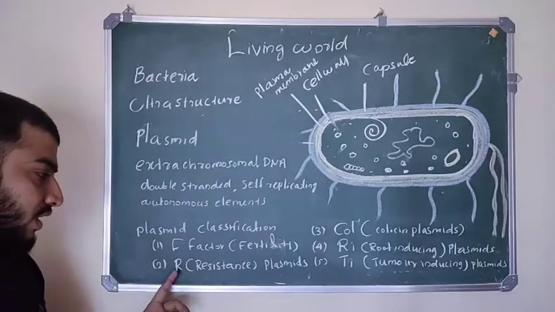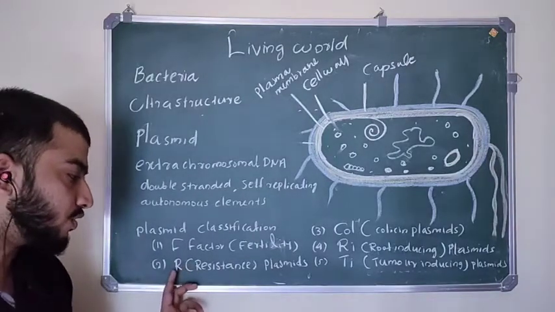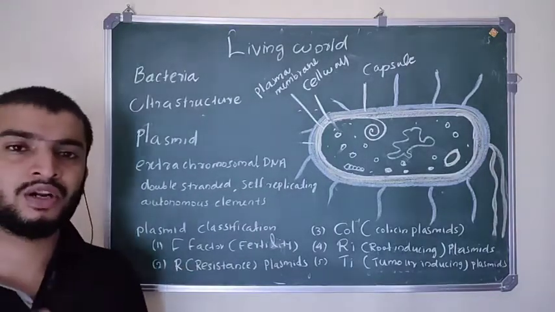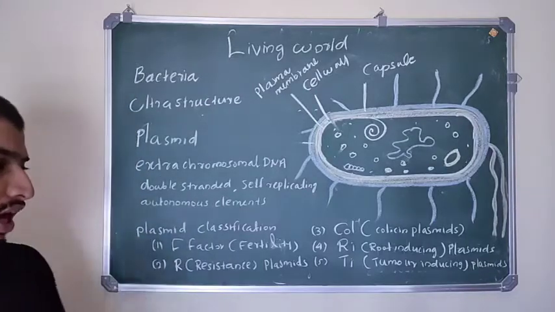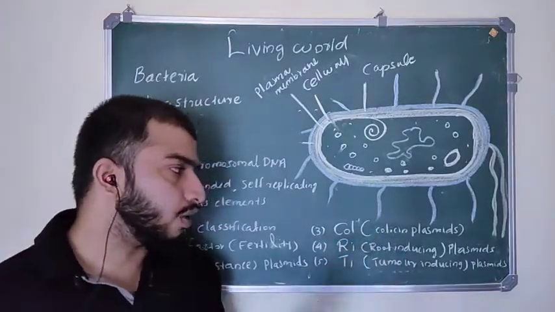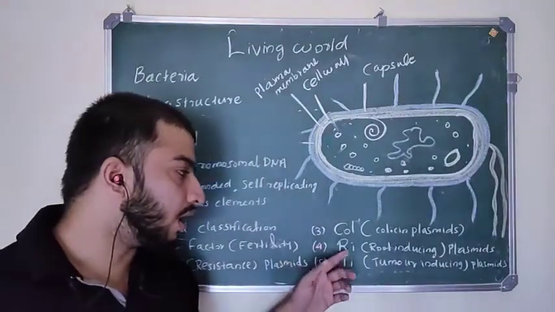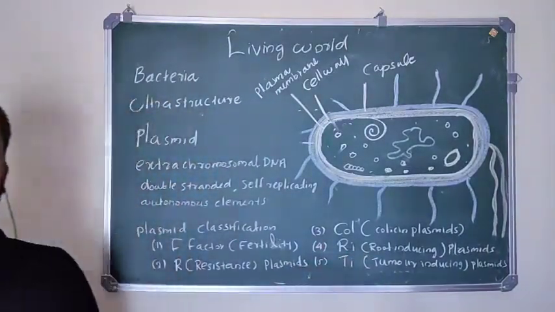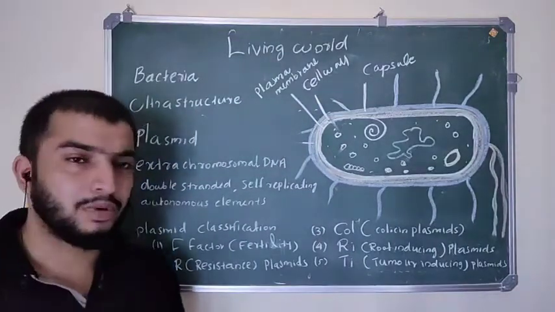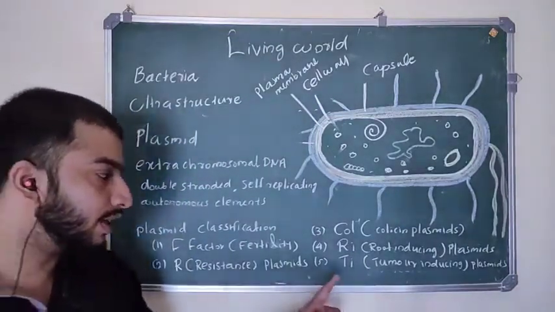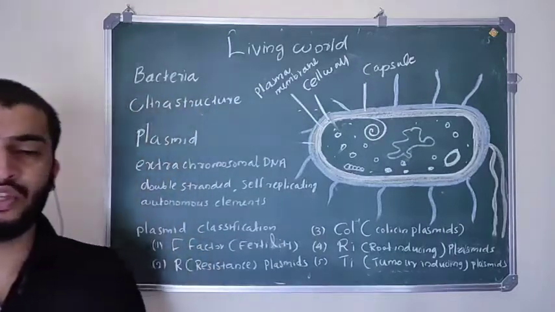The second plasmid is the resistance plasmid, also called the R plasmid. The third one is the col plasmid, or colicinogenic plasmid. The fourth one is the Ri plasmid, or root-inducing plasmid. Then the last one is the Ti plasmid, or tumor-inducing plasmid.